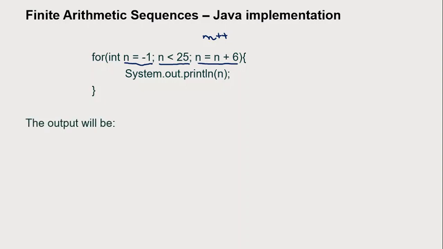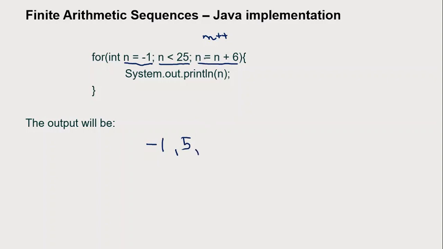So what would be the output of this simplistic loop? Well, we start with n equal to -1, so -1 will be the first value of n which is printed. Then we loop it again. This time n is equal to the previous value of n, which is -1 plus 6, that's a 5, so the next printed value is a 5.